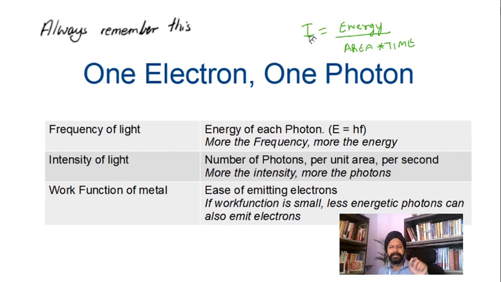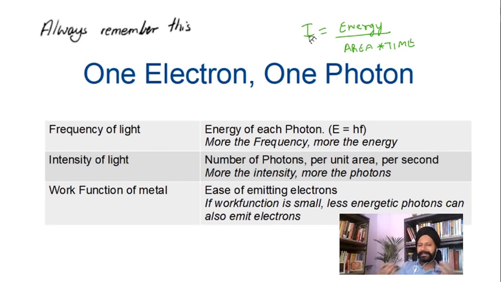If you have a red light, the photon's energy is not increasing. This energy can be the summation of all those photons falling on my palm, maybe. So if you increase the intensity, the number of photons striking per unit time increases. Please do remember, intensity of light controls the number of photons falling on this. So more the photons, more the electrons that can be released.